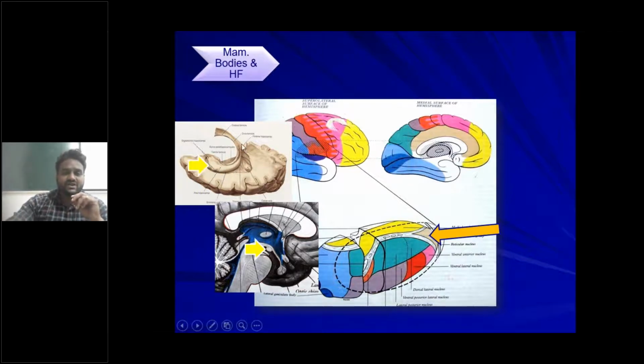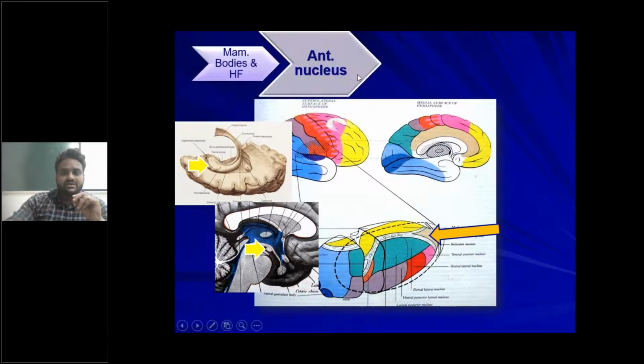Whatever you see here is the hippocampal formation, and it gives rise to projection fibers. These are called the fornix. So hippocampal formation with the fornix, in this picture. And we come to the anterior nucleus in the thalamus. You see in this picture, this yellow arrow is showing the anterior nucleus.